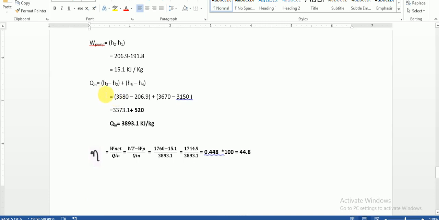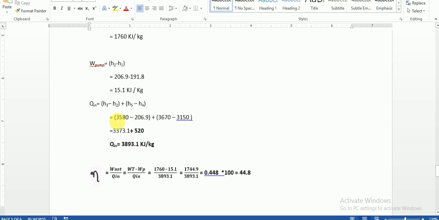So next, Q heat input. Heat input to the cycle is H3 minus H2. H3 is the boiler enthalpy, which we already know, at 150 bar and 600 degrees Celsius. And H2 is what?